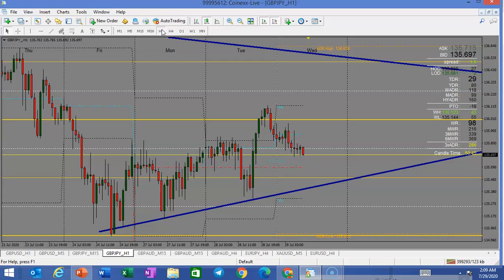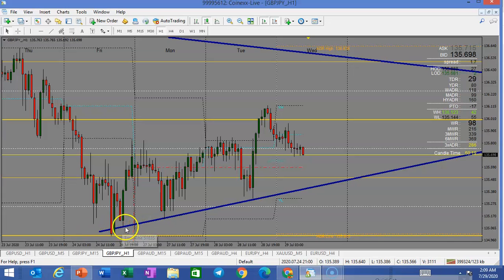1-hour time frame. So I've already drawn out my trend line here. There's clearly this ascending trend taking place, like we've already mentioned. And right now, it looks like GJ is in a retracement from this impulsive move from Tuesday.